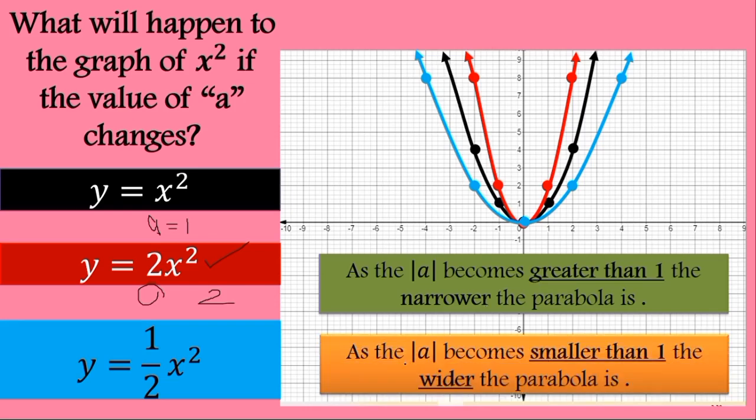While if the value of a becomes smaller than 1, just like with this one, the value of a is smaller than 1 because it is 1/2, the opening of the parabola becomes wider. So that is the effect of changing the value of a in the quadratic function. So this is all our lesson for today.